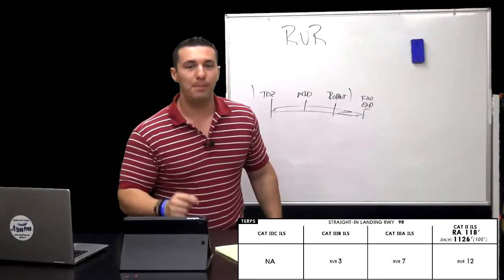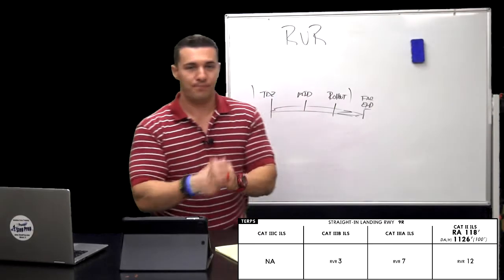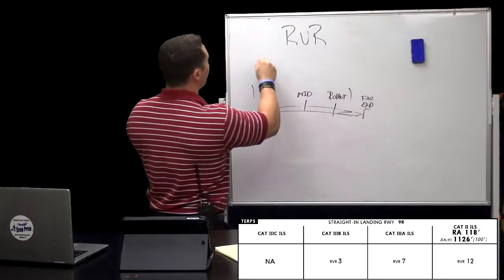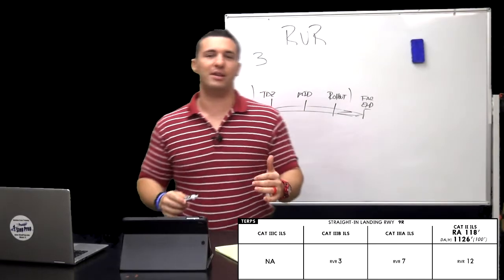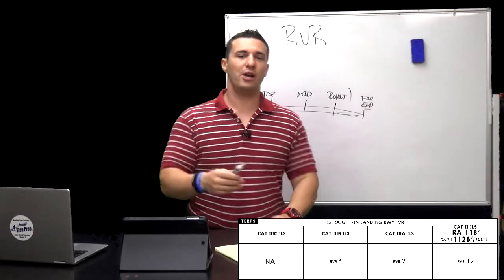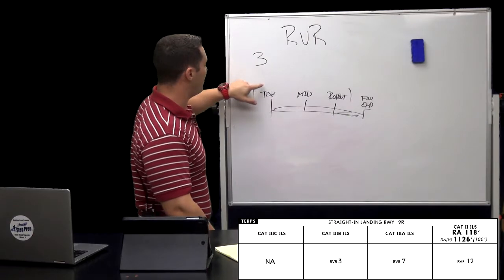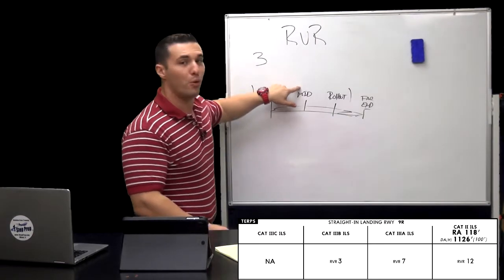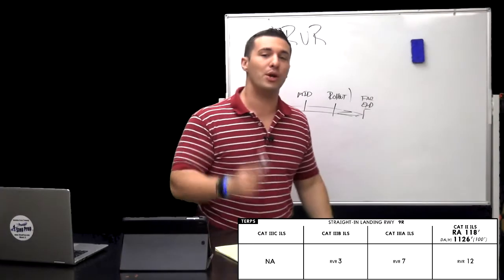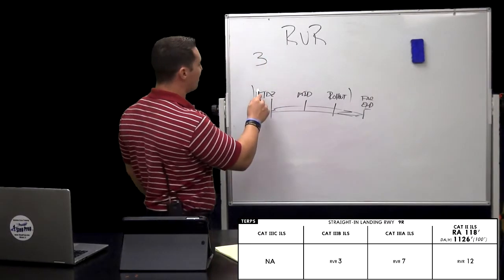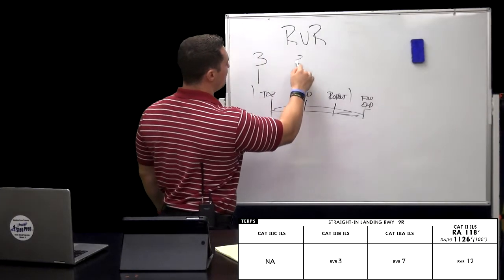Now, Category 3B is 300. Generally, and you're going to want to consult with your airline on this, the requirement is for the touchdown and the midpoint to be the same value. So in other words, if touchdown zone is 300, midpoint should also be 300.